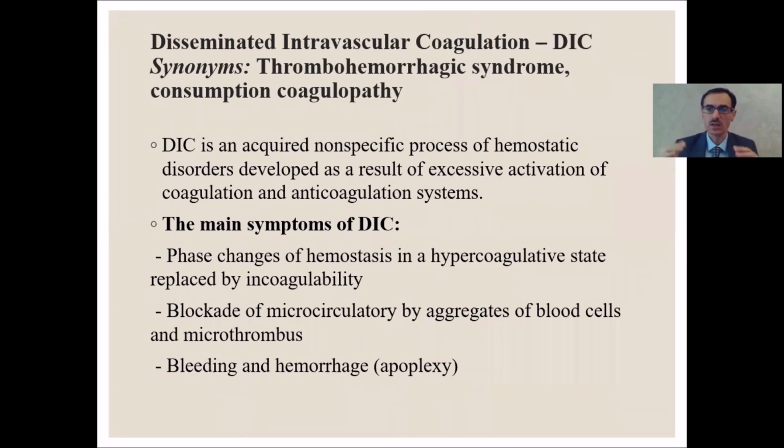This is an acquired non-specific process of hemostatic disorders that develops as a result of excessive activation of the coagulation and anticoagulation systems. The main symptoms are the phase change of hemostasis, a hypercoagulative state that is replaced by incoagulability, the blockage of microcirculation by aggregation of blood cells and microthrombi, and bleeding and hemorrhage, so apoplexy.